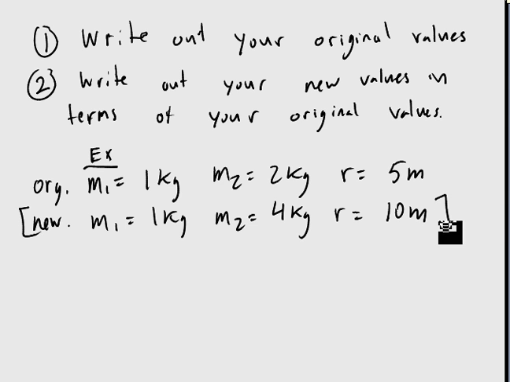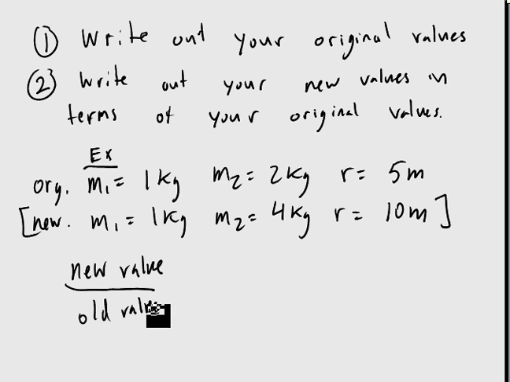So to do that, you're going to do the new value divided by the old value, right? So for mass 1, the new mass 1 is the same as the old mass 1. So if I do mass 1, it would be 1 kilogram over 1 kilogram, which would give me 1.